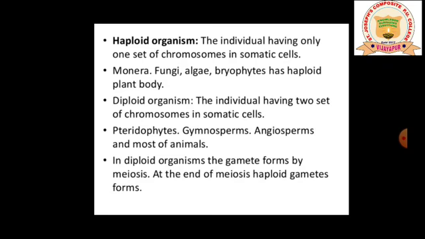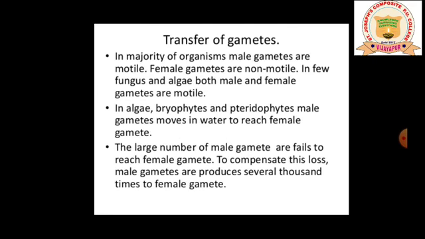So in the diploid condition, they contain double the number of chromosomes, two sets of chromosomes, and the gametes are formed by the process of meiosis, and at the end of meiosis haploid gamete formation takes place.